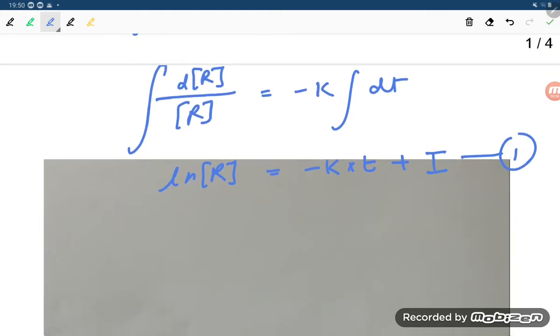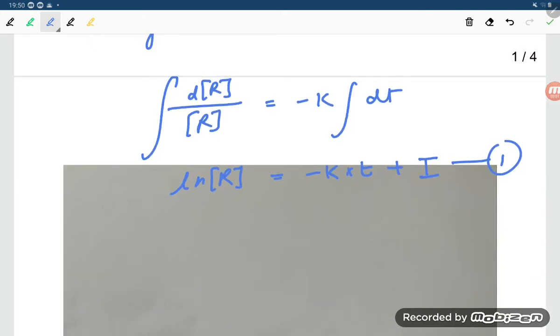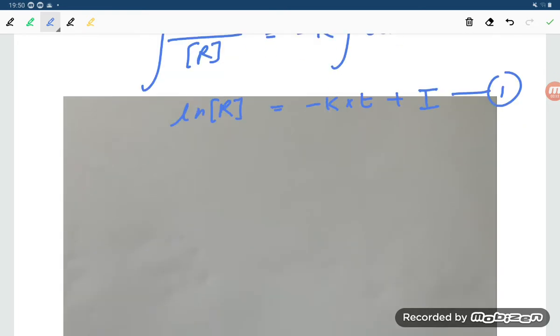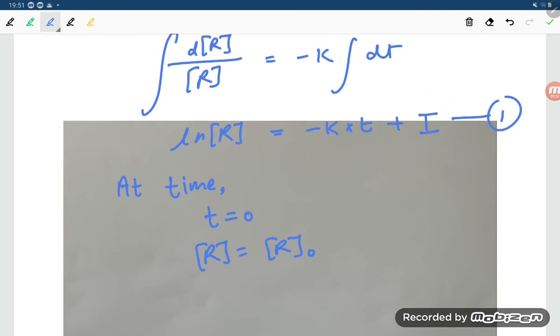Majorly you have to understand up to here, after that the equation will be very easy. Next, in this equation, suppose at time t is equal to 0, R is equal to R naught.